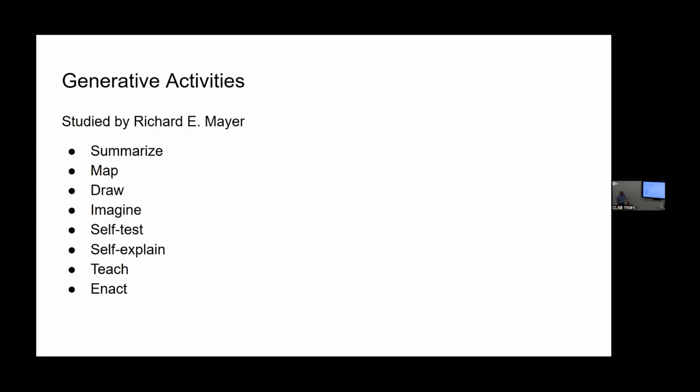And then enact. This is what I was talking about earlier with kinesthetic learning. If you get people to actually physically act out what it is, this is especially useful if you have something that is actually physical, like if you're working with a circuit board and you need to make changes, or if you have something else that will eventually need to be done with your hands.